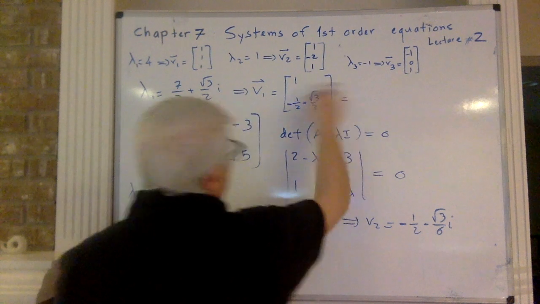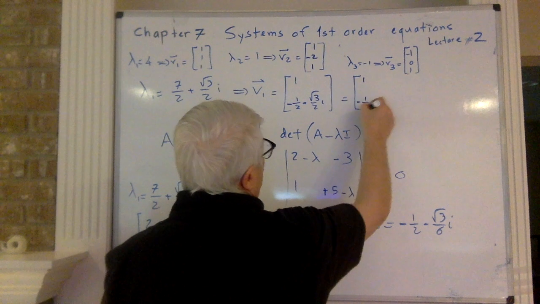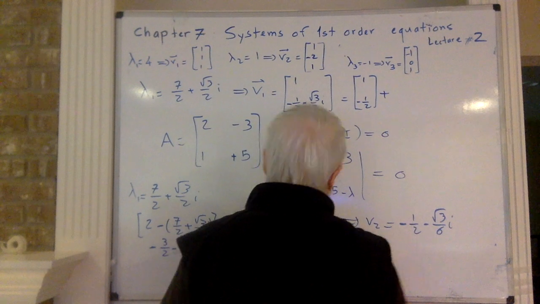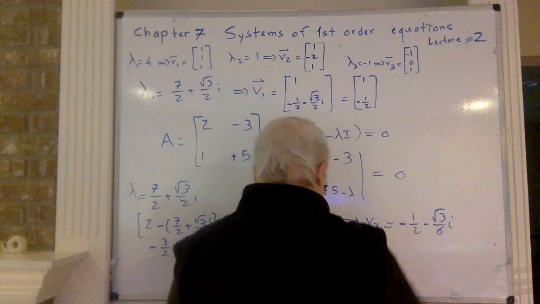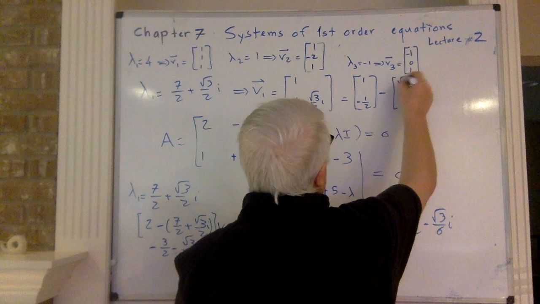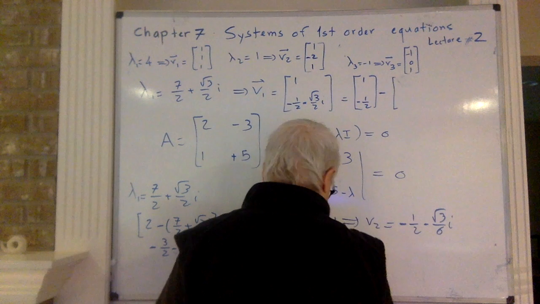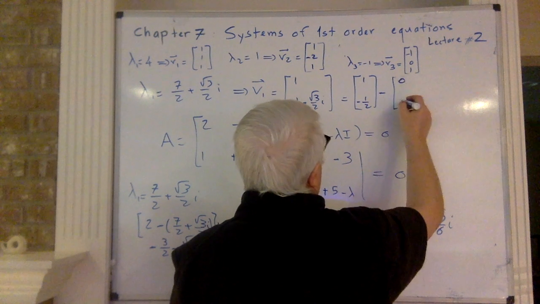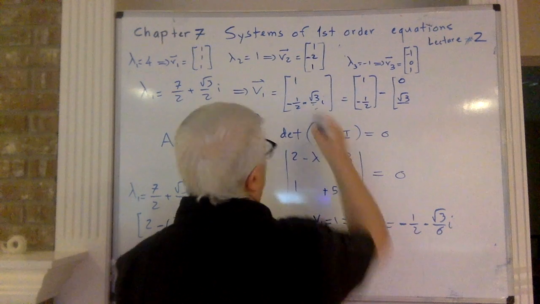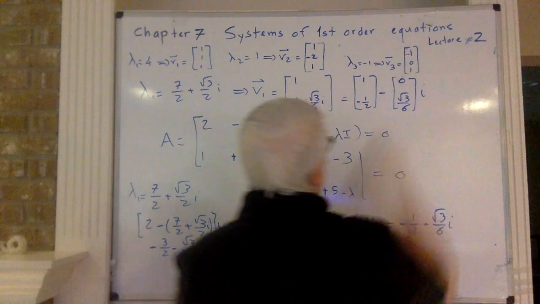So if I separate this, I have 1, minus 1/2, plus, what is also minus, the square root of 3 over 6, the whole thing times i.